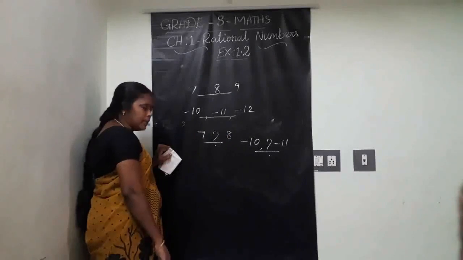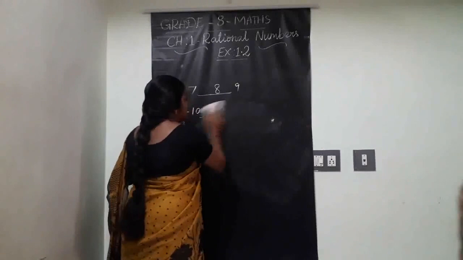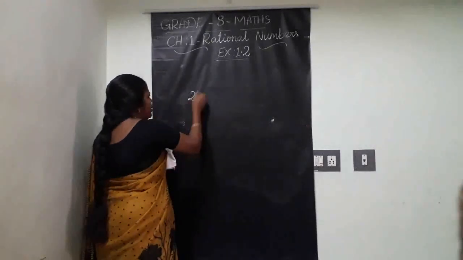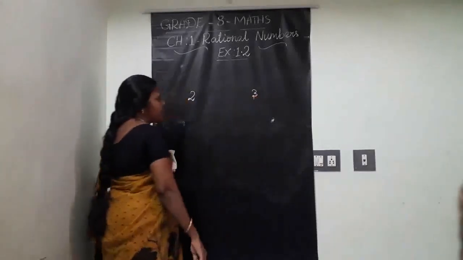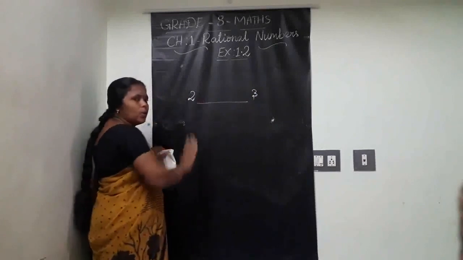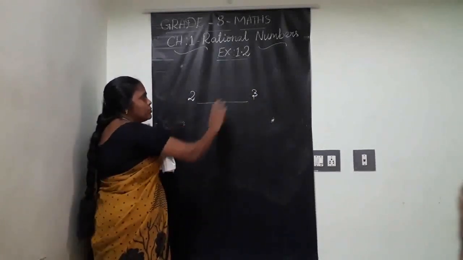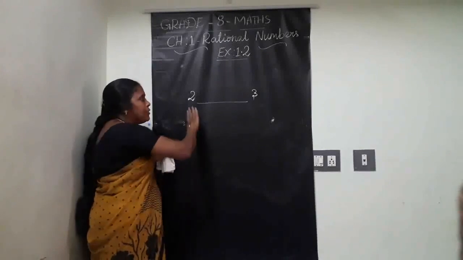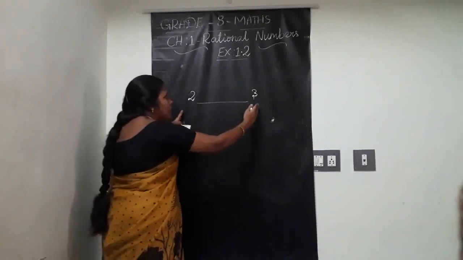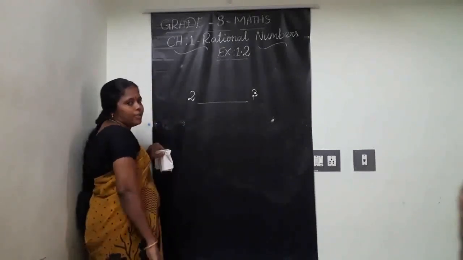Like that. But if you take rational numbers, if you take 2 rational numbers, see, here 2, here 3. Actually 2 and 3 are basically whole numbers. In this place, what do you say? There is no number between both. But if we change this whole number to a rational, between 2 and 3 you can take a lot of rational numbers.